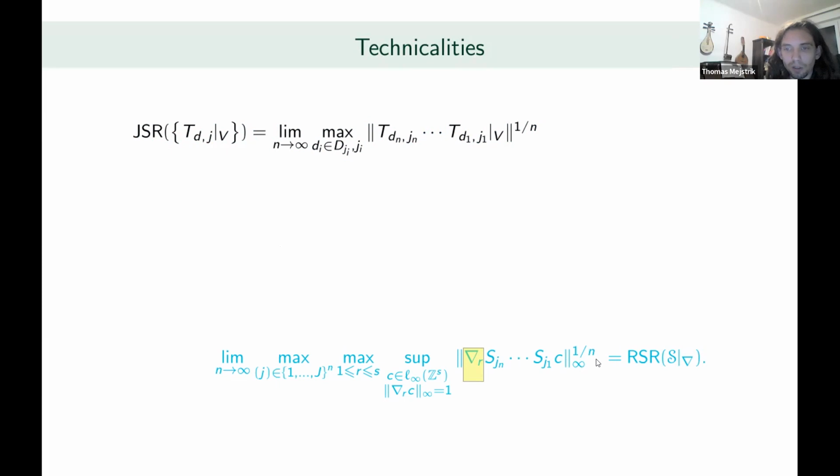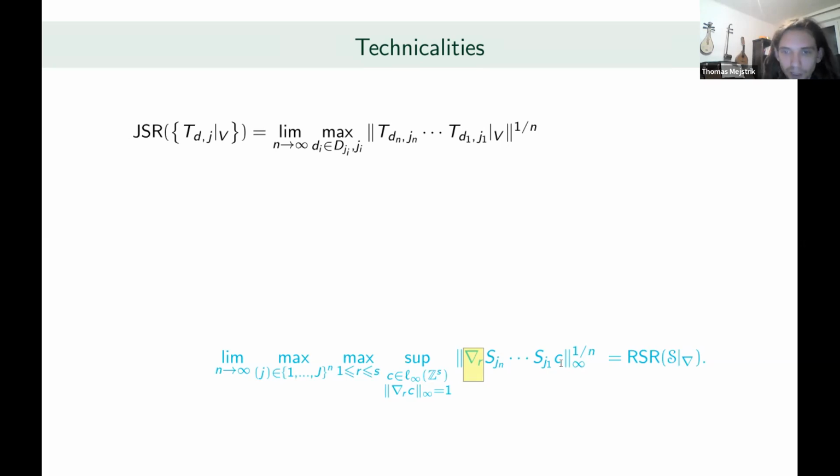The restricted spectral radius looks at all possible directions, over all possible subdivision schemes and all possible starting sequences. And if the consecutive differences go to 0 sufficiently fast, then we can expect that the subdivision scheme is convergent.